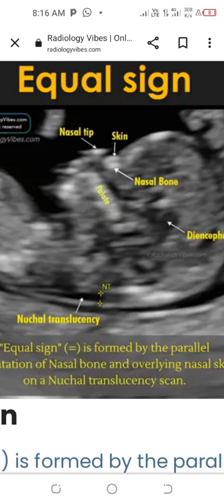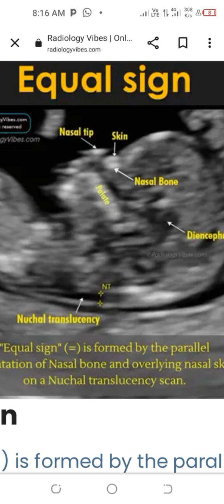Nuchal translucency is usually measured between 11 weeks 3 days to 13 weeks 6 days of gestational age, and the CRL should be between 45 and 84 mm.